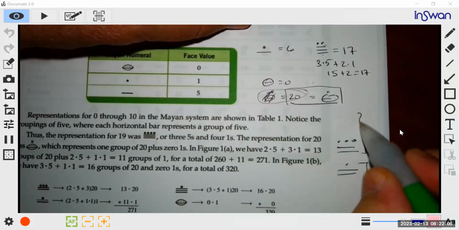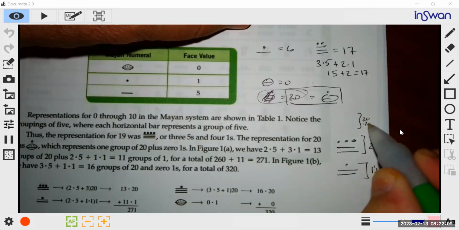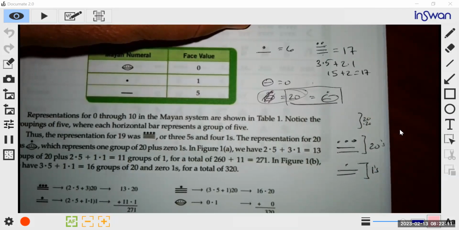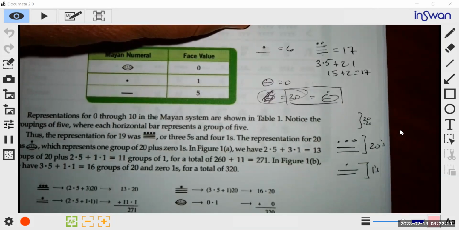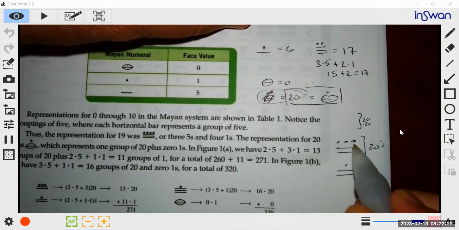And the next one would be 20 times 20. So what number does this represent? What number is this?